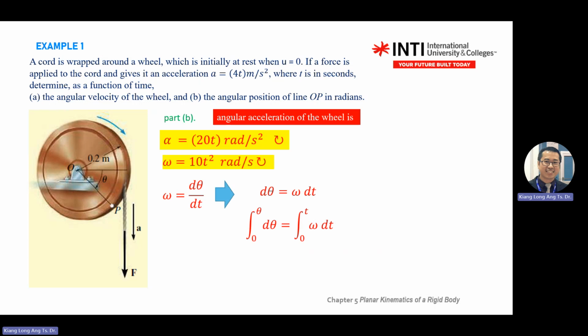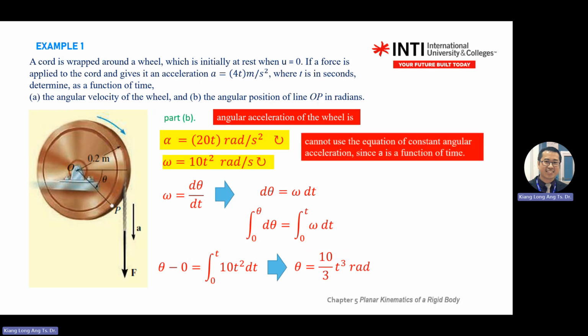Just remember the limits: you start from 0, integrate 0 to the angle you don't know, and time from 0 to the time you don't know. So your answer will be theta equal to 10 divided by 3 t cubed radians.